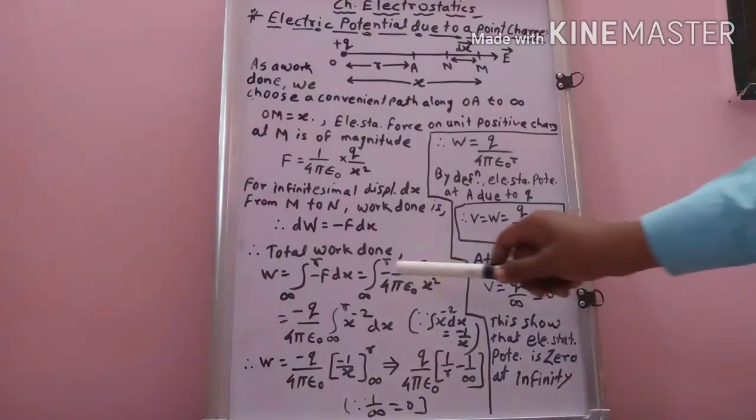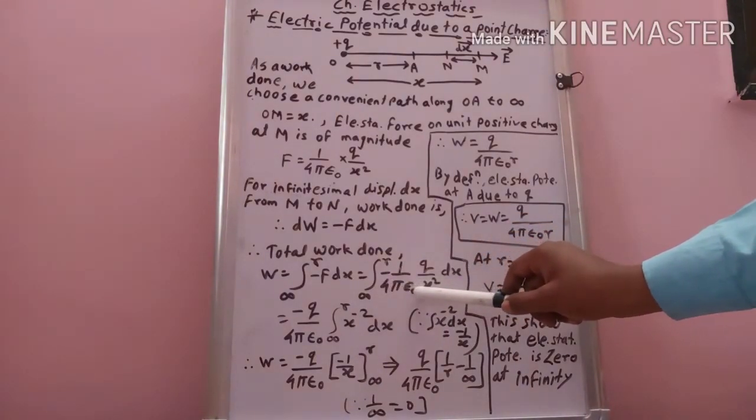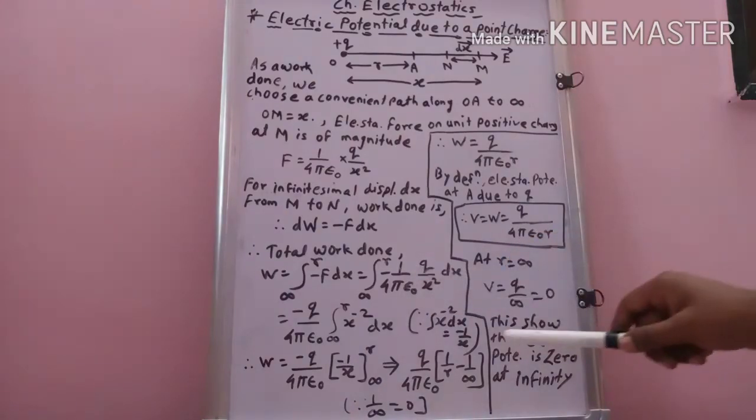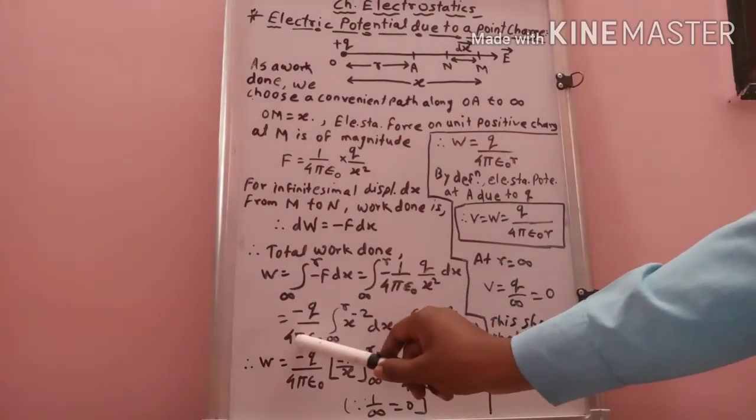Here minus Q upon 4 pi epsilon naught is a constant term, so it is taken outside the integration.